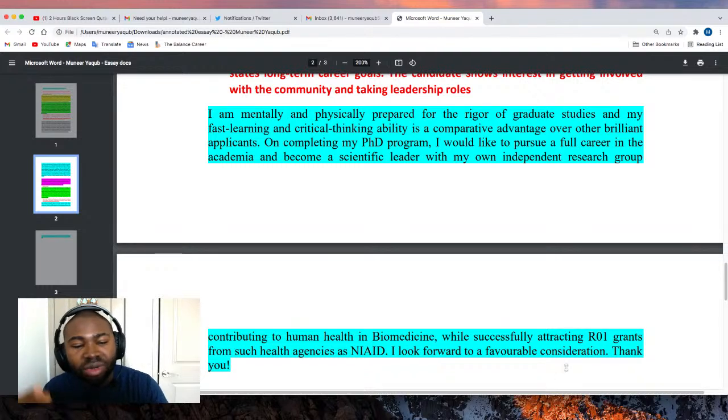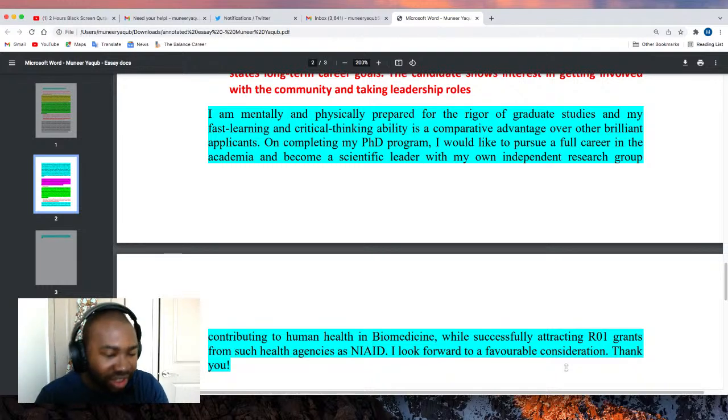Why successfully attracting grants from agencies such as this? The trick to adding this line is that it shows you know exactly what you're going to be doing and what it takes to get there.